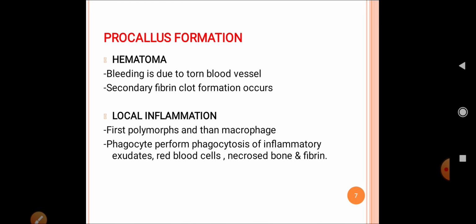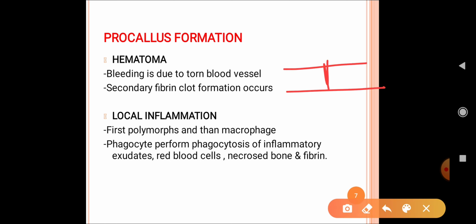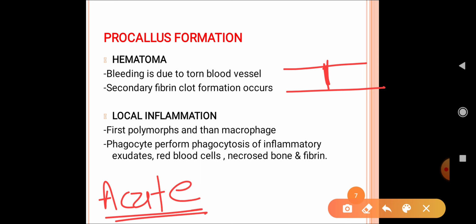Okay, now what happened? In the fractured bone, this is your fractured area, right? Whenever you are having any type of damage, first of all acute inflammation will come into action. First of all, there will be local inflammation after hematoma formation, and in the body, if any damage happens, then the inflammatory system will get activated.